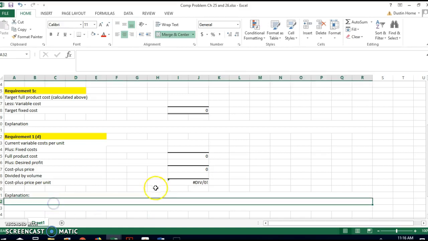Now, remember it was selling for $4.25 in the market, so our price doesn't need to be like $1 more. If it's 15, 20 cents more, that would be okay, but $1 more would be a little bit too much. So you need to tell what the new cost plus price will be right here, rounded to the nearest penny, and tell me would it be able to sell at that price.